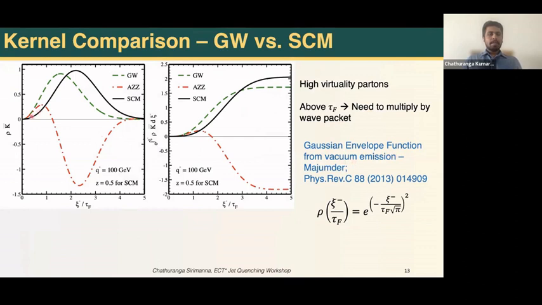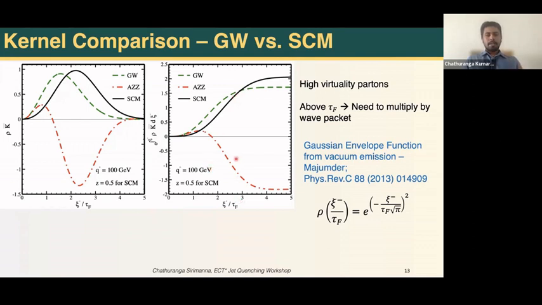As you can see here, there's a slight shift in the SEM result, but the total area under the curves looks similar. Therefore, we use the integral of this medium modified kernel multiplied by the Gaussian envelope function with respect to length to see how the area changes with the length.